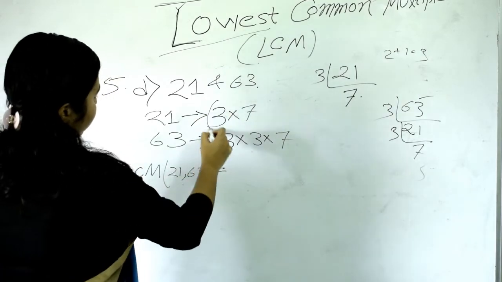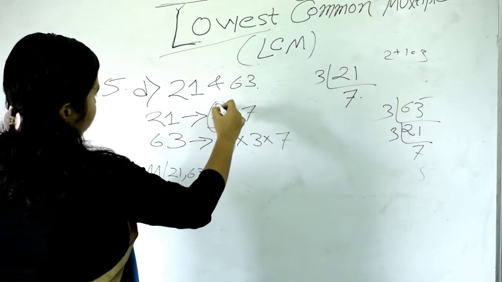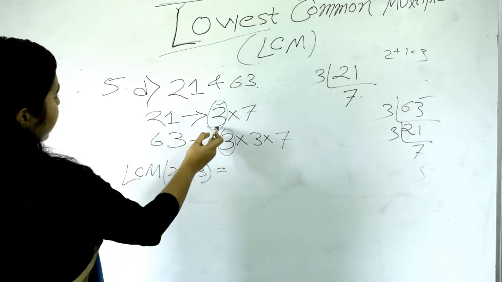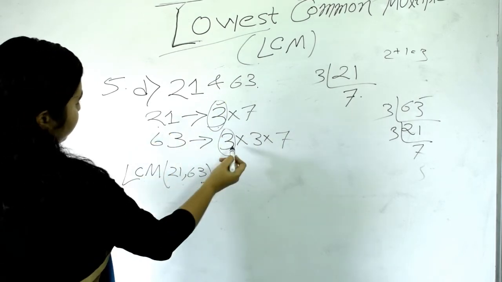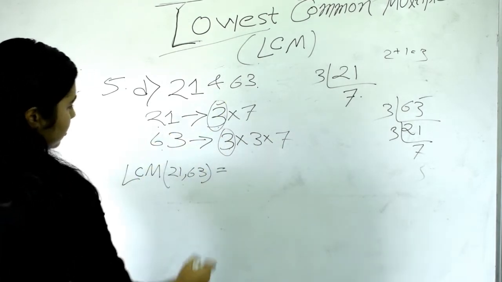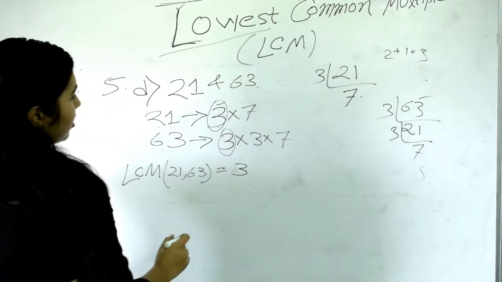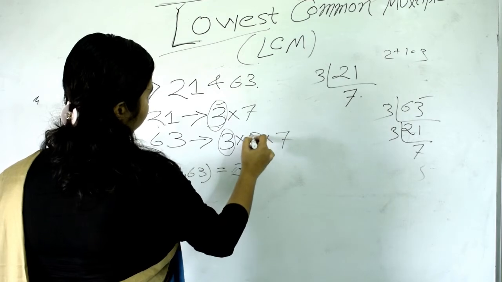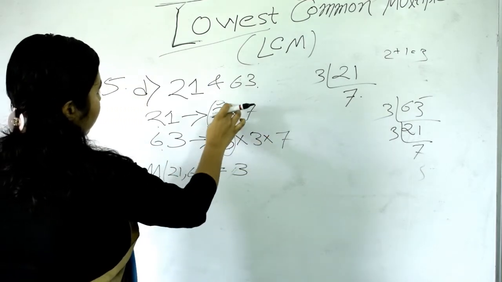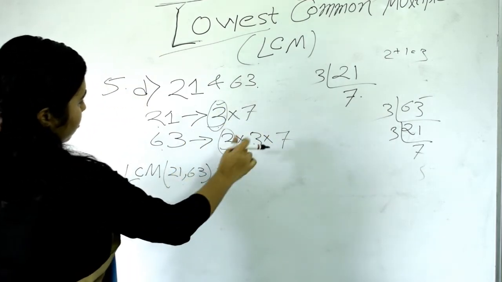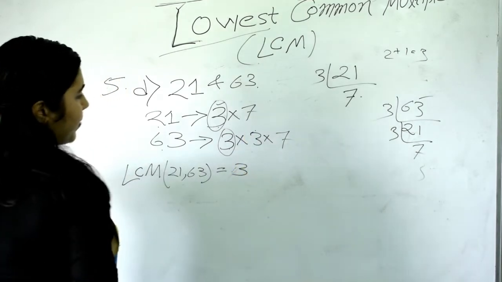First take the common factors. 3 is a factor of 21 and 3 is also a factor of 63. So take 3 first, then check. Again for the second 3, here we have only 1 3. So this is remaining.